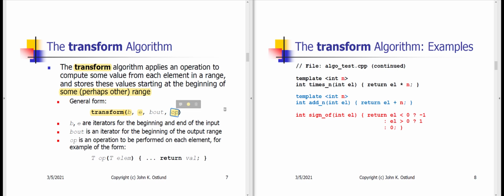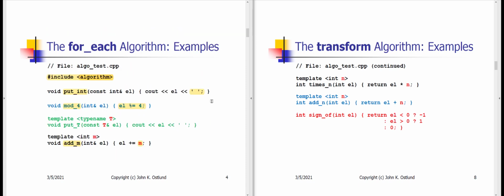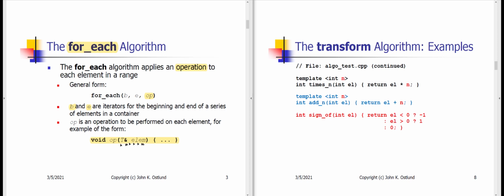The interface to the operator function for transform is also different from the operator function for for_each. Let's go back to for_each. Remember that the operator for for_each looks like this. The operator receives a reference to some type of object, and it returns void, and it will interact with that object directly through the reference.